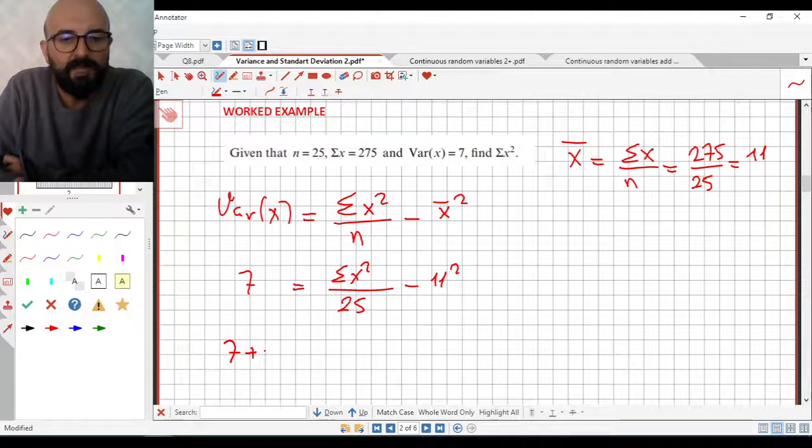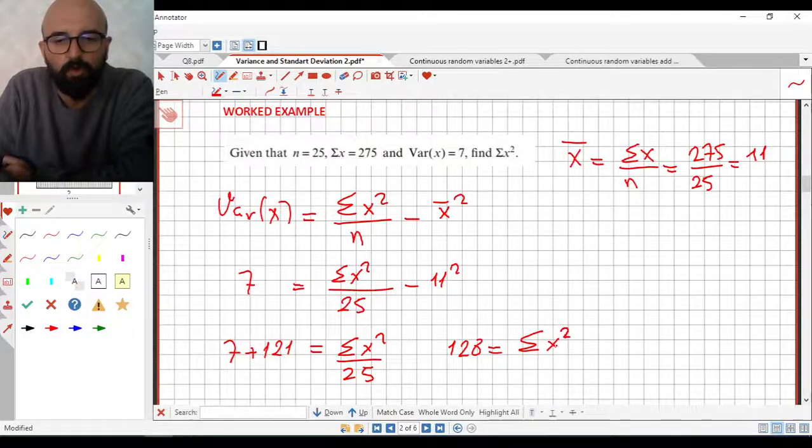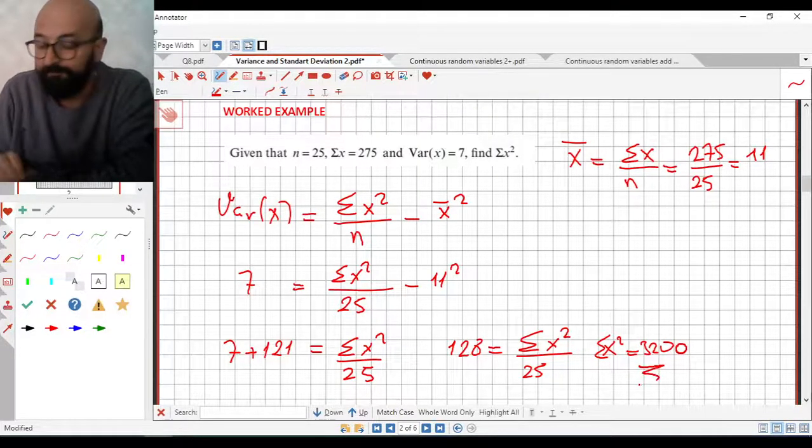So 7 plus 121 is 128, which means the sum of x square over 25, and it means the sum of x square is 3200.